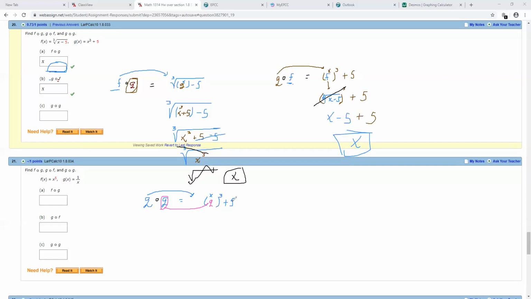No. Good. The plus 5 is still there. The cube is still there. But what are we going to put instead of the letter g? We just write down whatever it is. And what's g, William? x cubed plus 5.